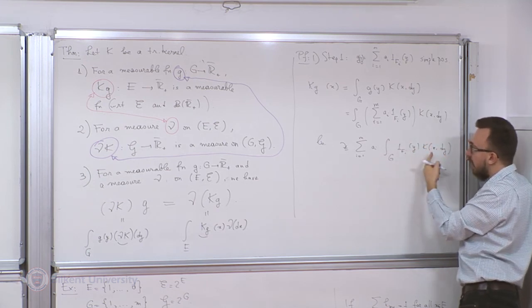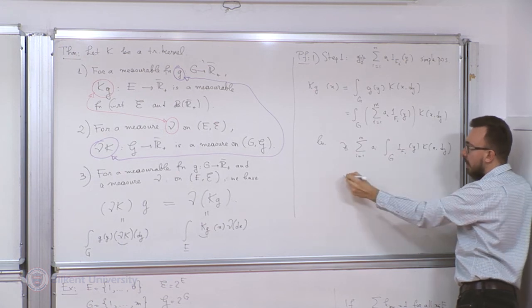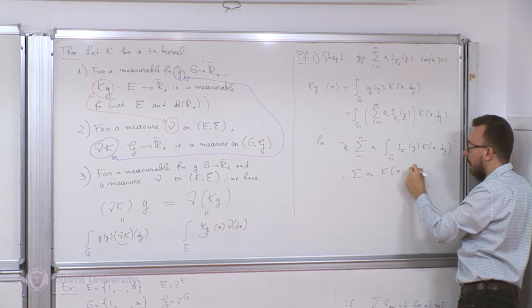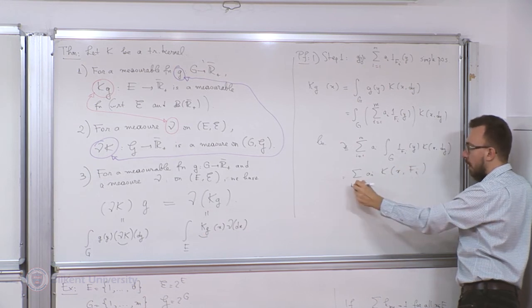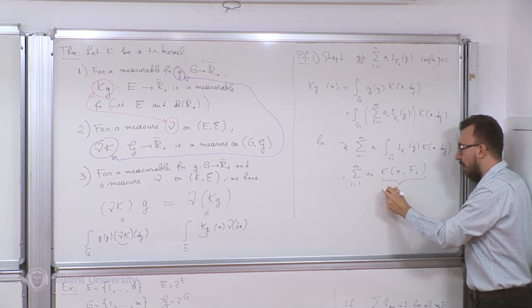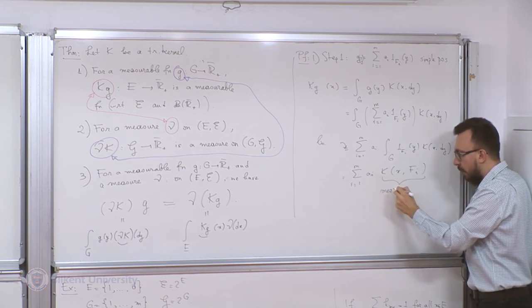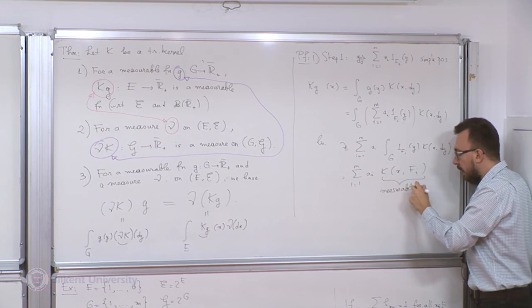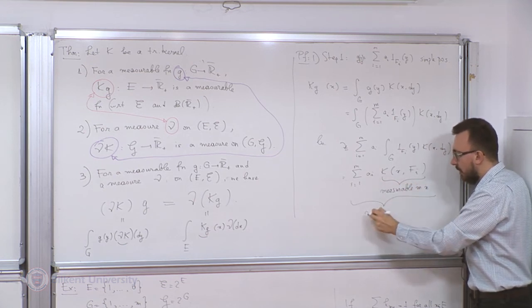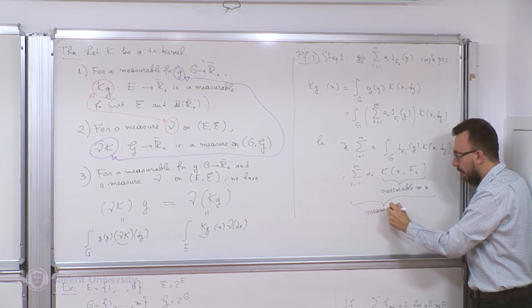And what is the integral of the indicator? It is the measure of this set. Now, this is a measurable function of x because k is a kernel measurable in x. And if you have a linear combination of measurable functions, this is also measurable in x.